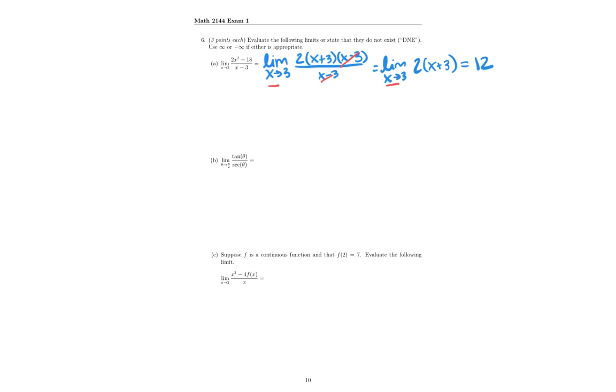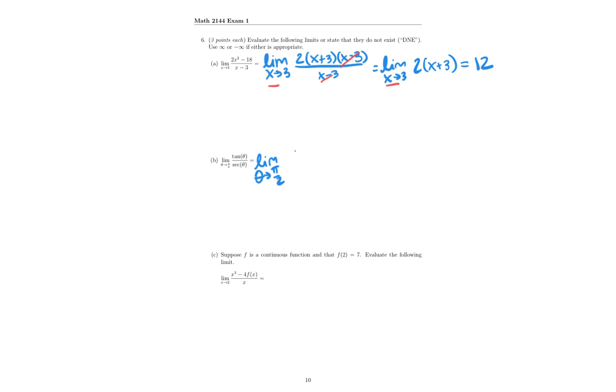All right, so for the next one, tangent is not defined at pi over 2, so we'll need to do some things to this algebraically. So I can say this is the limit as theta goes to pi over 2.